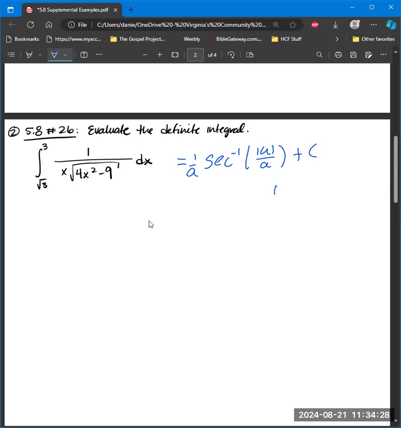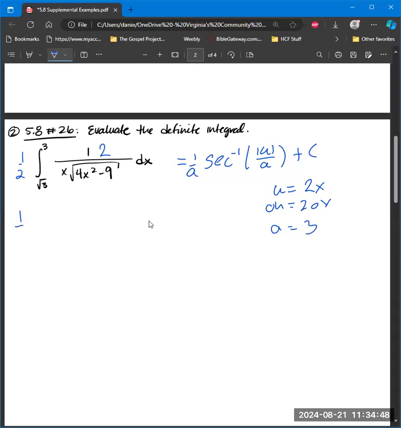u is equal to 2x, du is 2 dx. So we're going to have to multiply by 2 and 1/2 here. a is equal to 3.